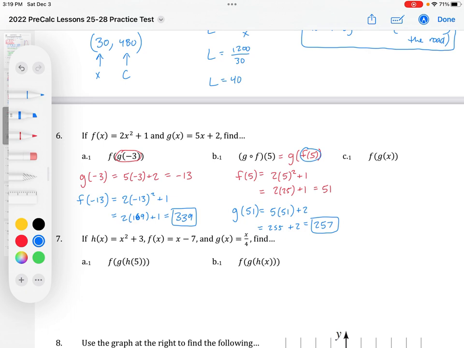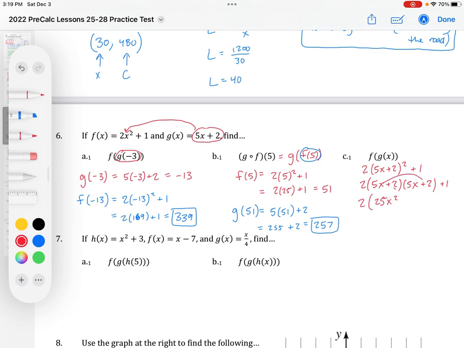All right, the last one here, we're actually going to get a function for our answer. So we're going to take this g function and place it in for x in the f function. That's going to give us 2, and then in parentheses, we're going to have 5x plus 2 squared, plus 1. So you are actually going to have to FOIL this. So this gives you 2 times 5x plus 2 twice. That part will need to be FOILed, plus 1. If you FOIL that out, 5x times 5x is 25x squared.